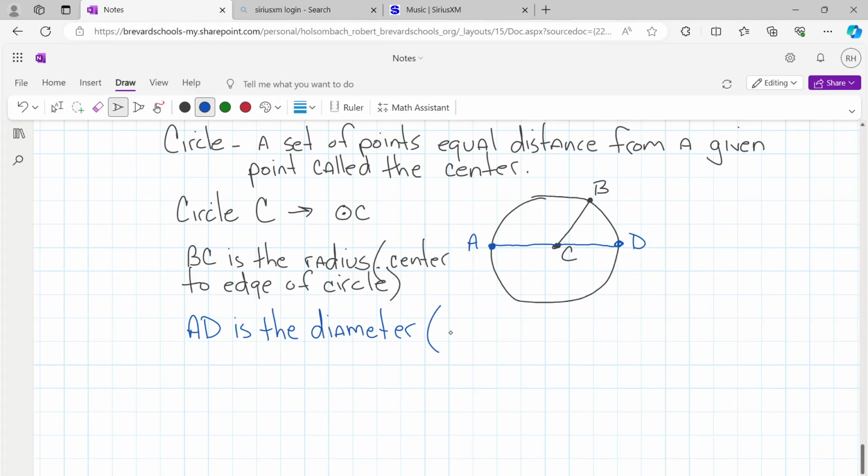All right, diameter goes from one side of the circle to the other. Key point being that it goes through the center. All right, the diameter goes from one side of the circle to the other side through the center. So from one side to the other through the center.